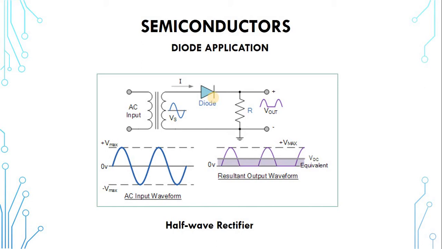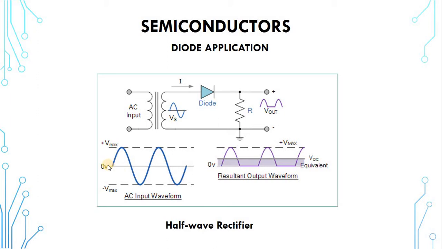What we see here currently is a half wave rectifier, and I'm going to be explaining how this works. It is assumed that you have done something in electrical machines or applied electricity, which means that by now you know how an alternating current is generated. This is an alternating current.